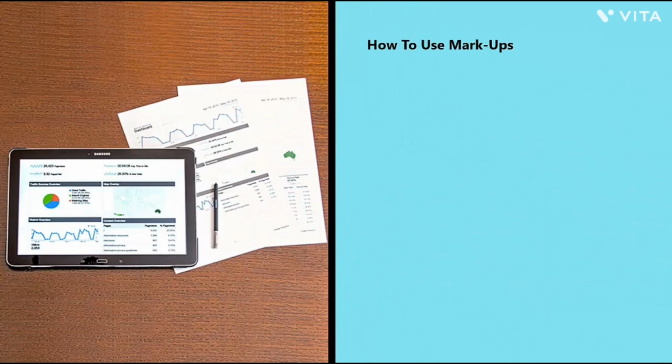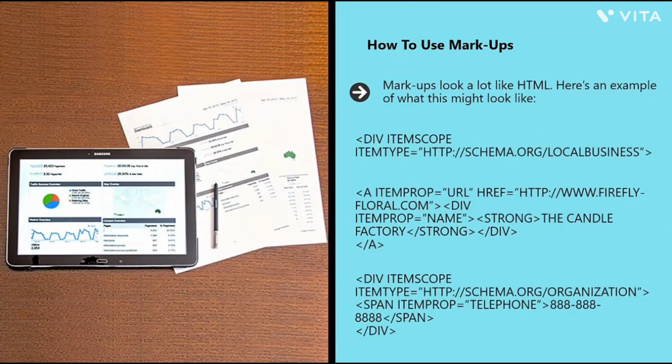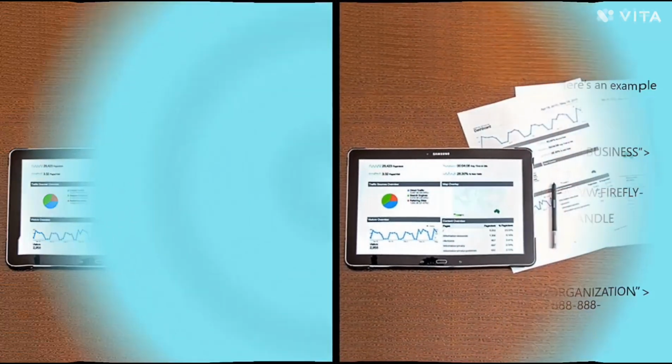How to use markups. Markups look a lot like HTML. Here's an example of what this might look like. That is basically telling Google that you are talking about a local business, the Candle Factory. You can also use Schema to highlight product names, authors, aggregate ratings, software applications, restaurants, movies, and much more.